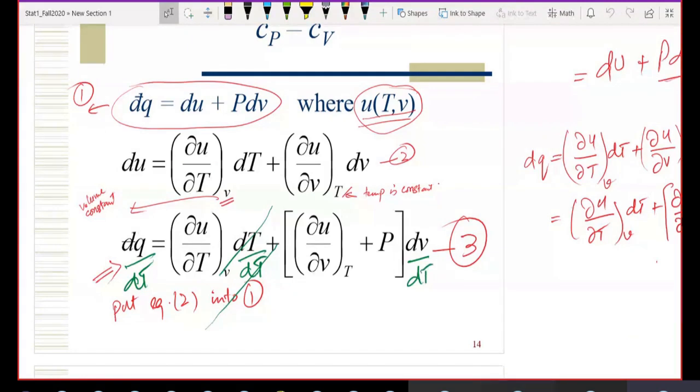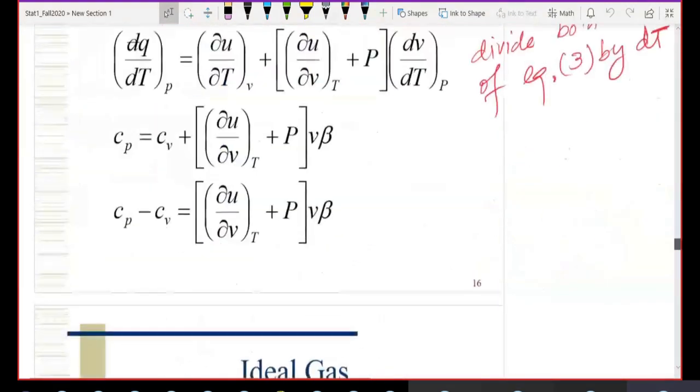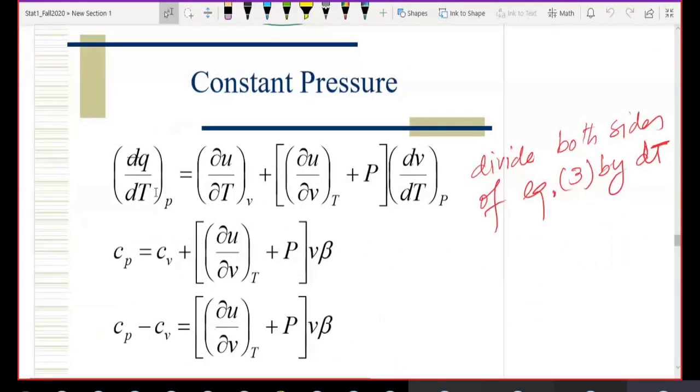Okay, understood? So you get one dt here, one dt here, but there is already a dt here, that will be cancelled, and you will get at the end of the equation another dt underneath this equation. So we just get this equation at the end of the day.